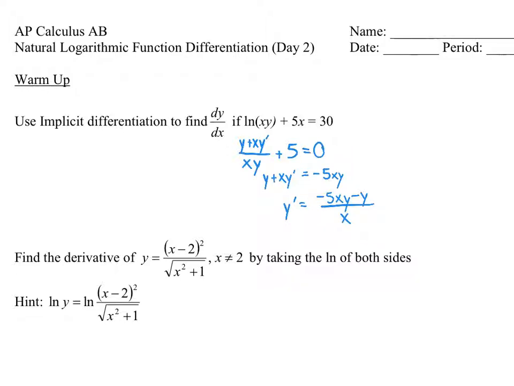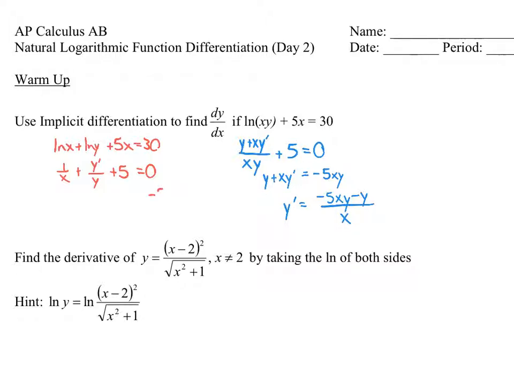Now, if you did it the other way, you had ln of x plus ln of y plus 5x equals 30. And then what you did is you had 1 over x plus y prime over y plus 5 equals 0. Right? So then you subtracted the 5, you subtracted the 1 over x.